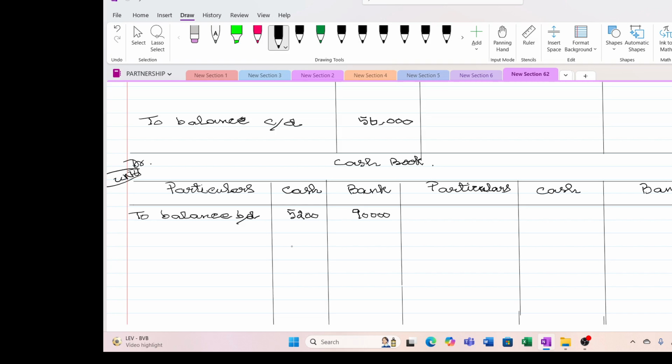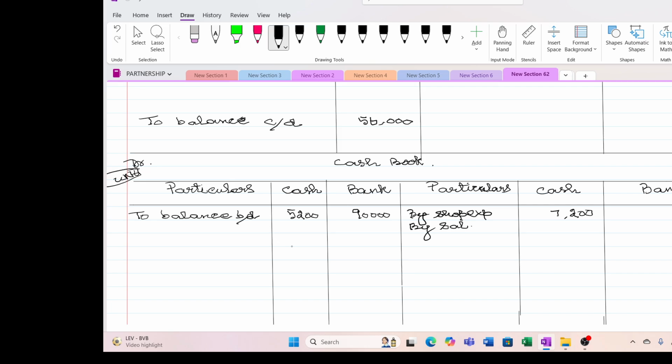So first I am writing here by shop expenses. 600 per month, 6 into 12, 7,200. Shop expenses they have made 7,200.